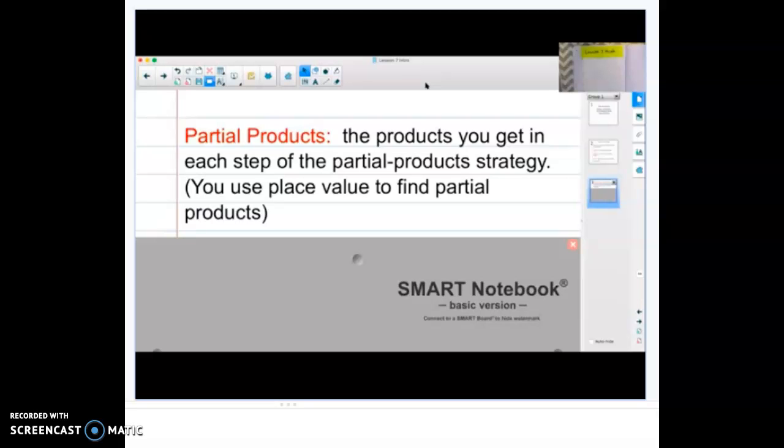You use place value to find partial products. Okay, so again, this is going to sound really new and kind of confusing, and that's okay. Right now, we're just getting the definition down. Partial products is the products you get in each step of the partial product strategy. You use place value to find partial products.